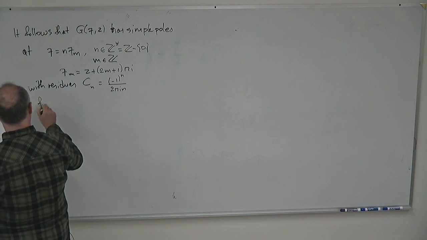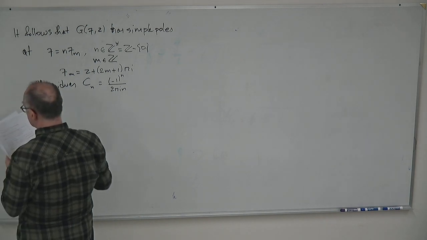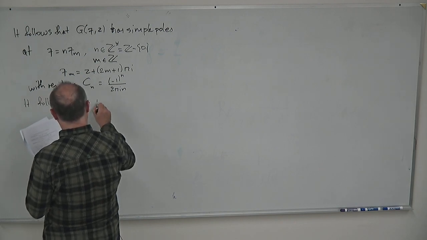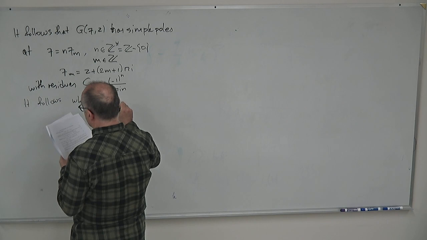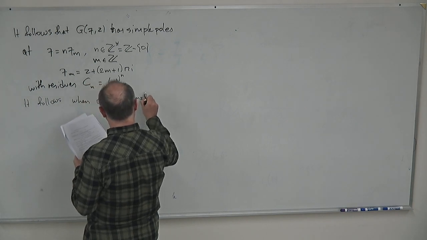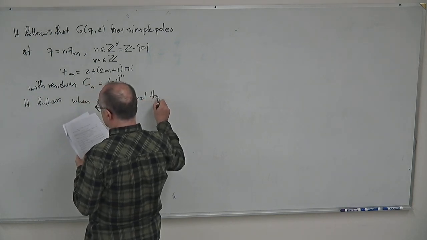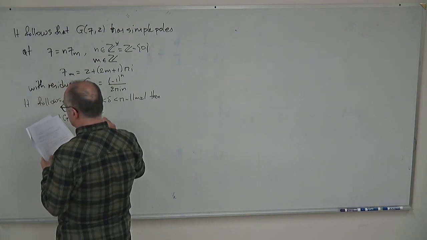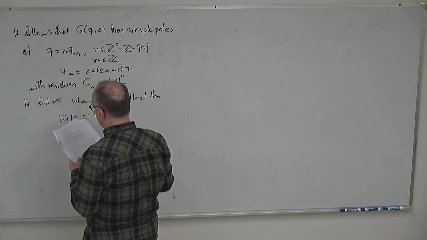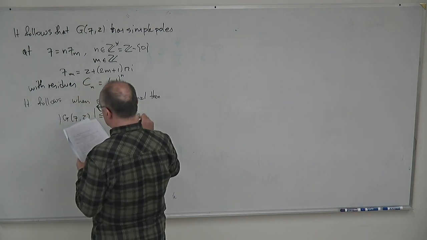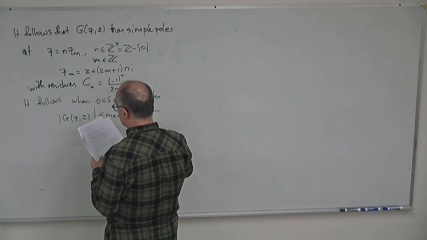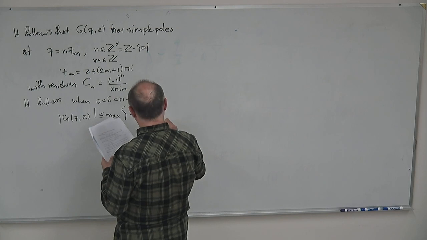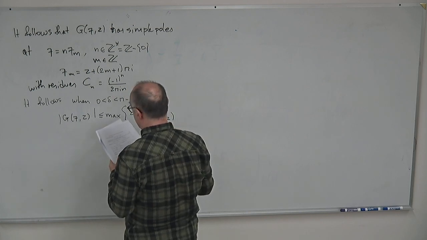Some bounds follow, for instance, that when 0 is less than delta, less than pi minus the imaginary part, then g(psi, z) in absolute value is less than or equal to the maximum of 2 and pi squared over 3 sine of the imaginary part.